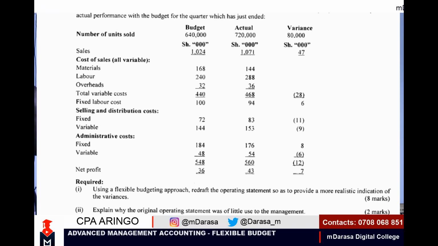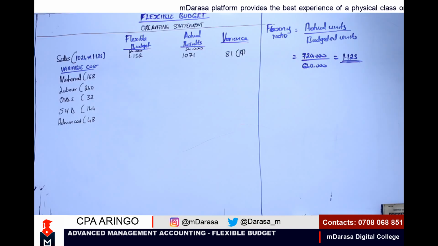So after I've noted the original budget I was given, if you can recall, we've said that for the flexible budget, I'll be adjusting the original budget to reflect our actual performance. And in such a case, we have our data there. So it will be upon us to adjust our figures with what?